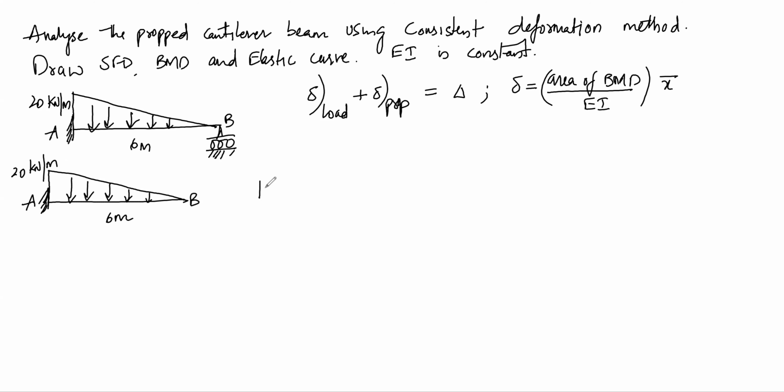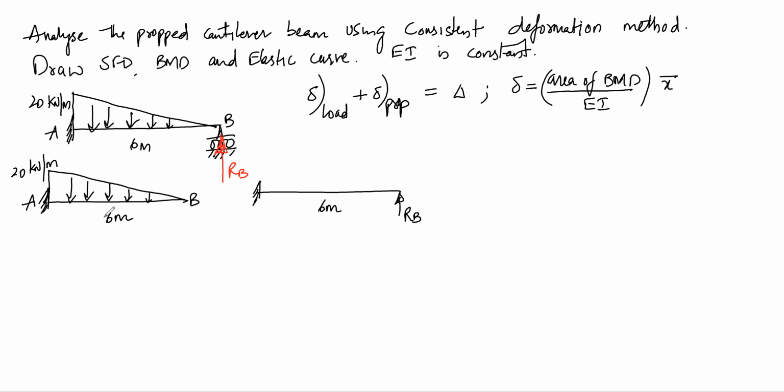And another will be a cantilever beam with prop, which I will take as reaction at B. So we have a roller support here, so there will be a vertical reaction which is taken as RB, and the span is given as 6 meters.